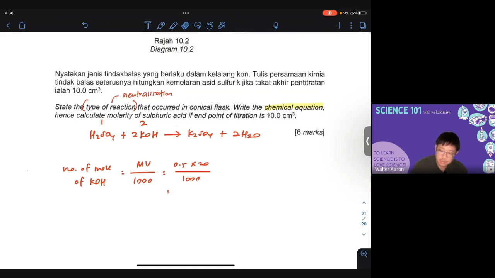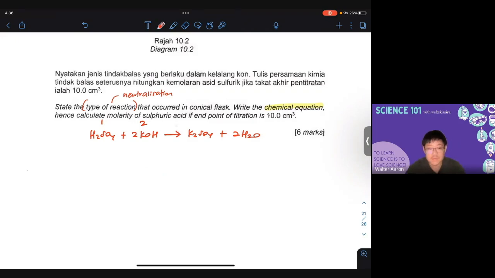I got a simpler way to do this. Sorry, I'm having an old habit to use the short method. So there's a faster method here. You can use MAVA divided by MBVB equals to a over b, where this part here is for the acid and this part here is for the KOH. It doesn't actually matter, but it's easier to see that way.